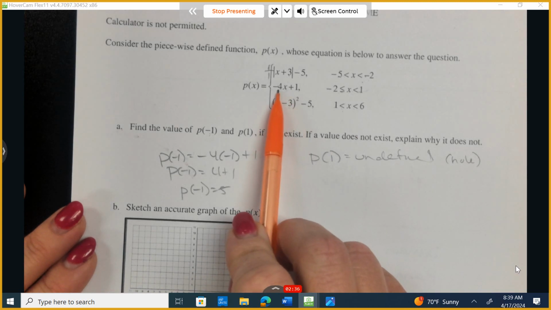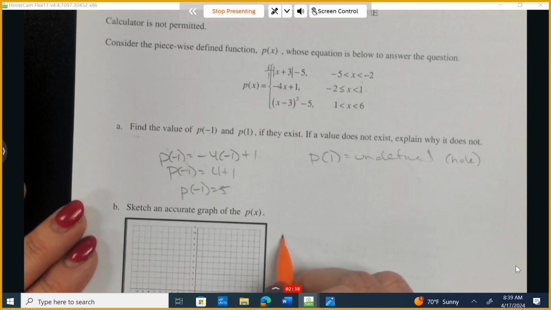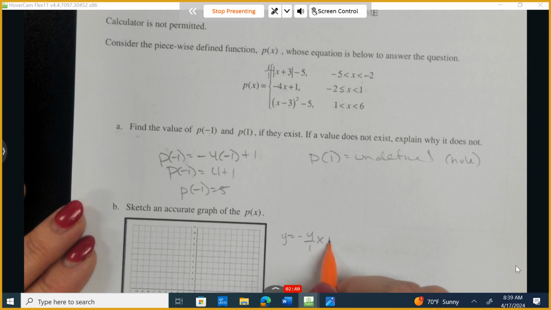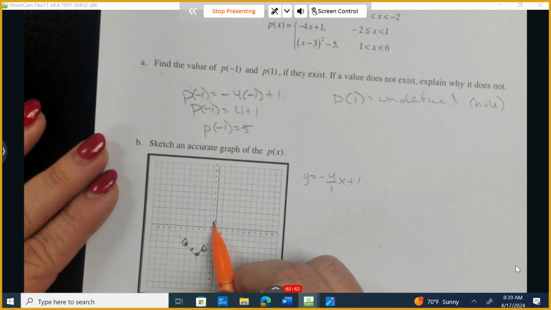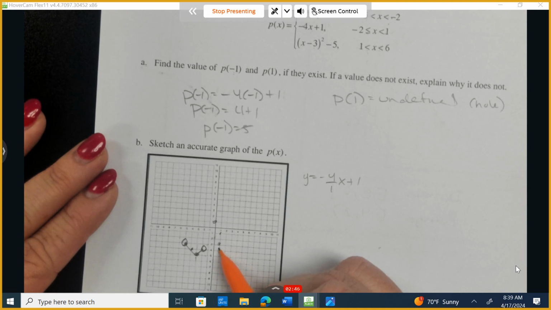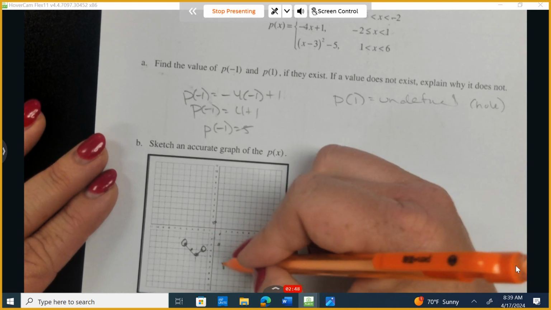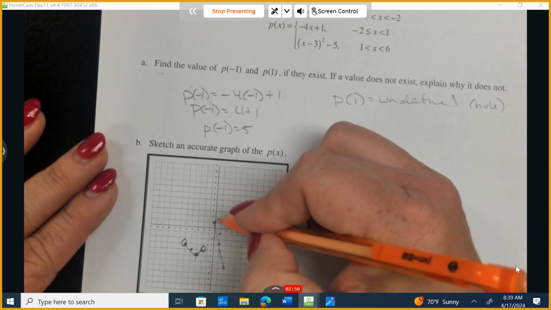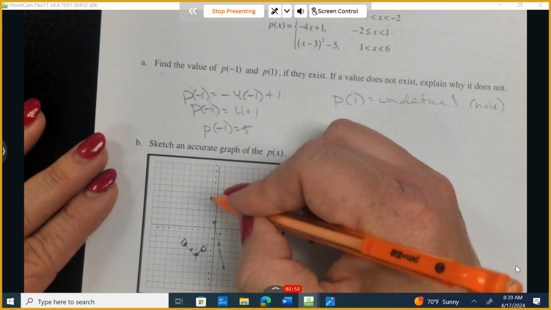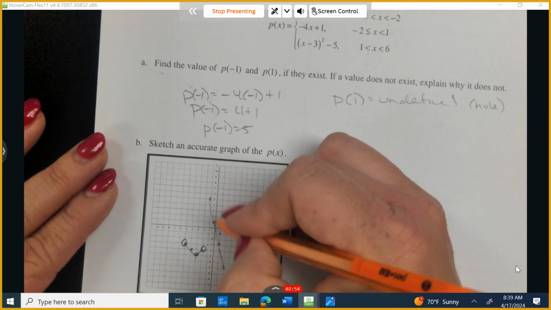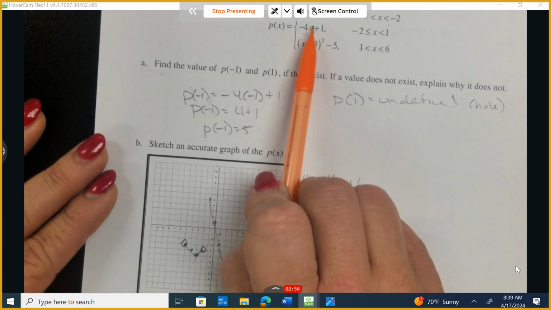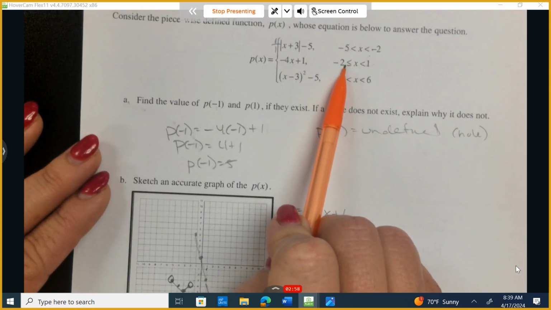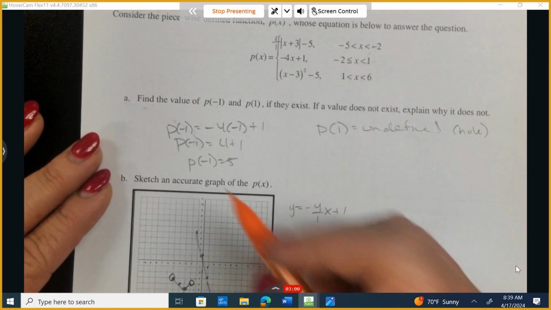Okay, this is y equals -4x plus 1. Some of you may prefer to graph it like this. I'm going to start at +1, and I'm going to drop down 4 and go right 1. Drop down 4 and right 1. And so we're going to see something like this. But then the constraints say, hey, put a closed dot at -2.